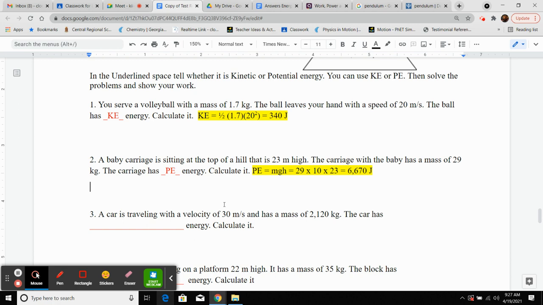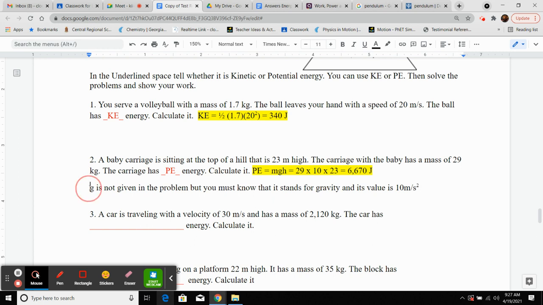I'm just going to write this in there as well. G is not given in the problem, but you must know that it stands for gravity and its value is 10 meters per second squared.